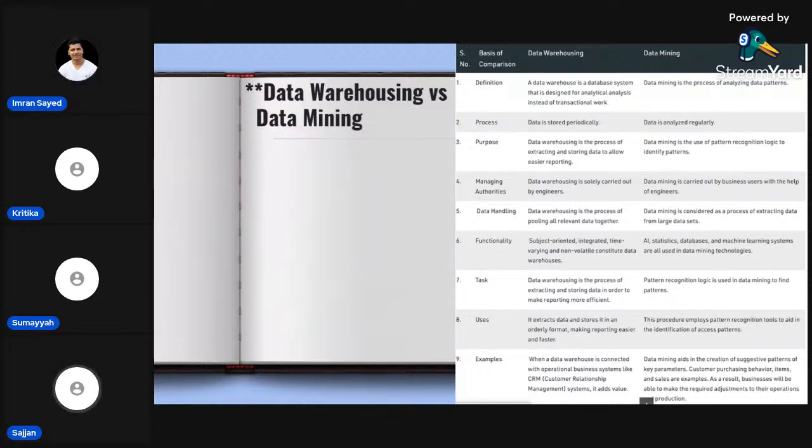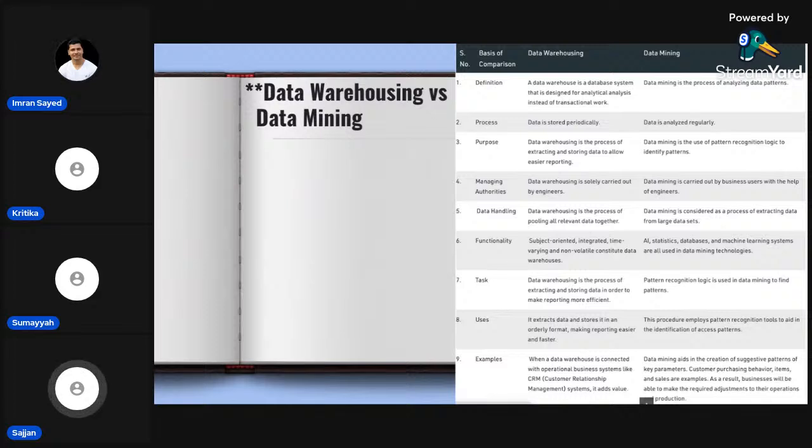Data warehousing is a process of extracting and storing data in order to make reporting more efficient. And pattern recognition logic is used in data mining to find patterns. It extracts data and stores it in an orderly format, making reporting easier and faster.